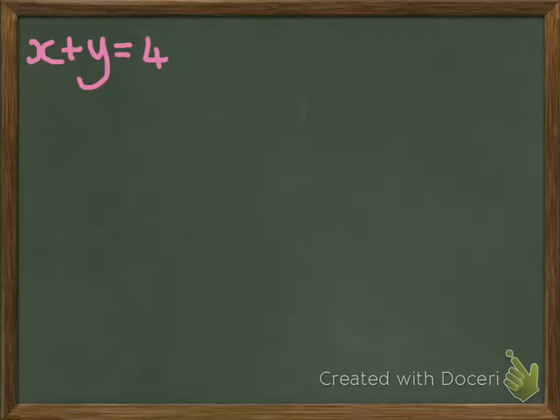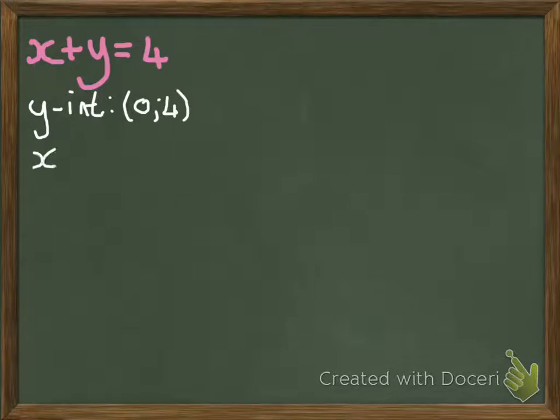Okay, so the next type of graph I'm going to look at, you've got x plus y equals 4. Now remember from the previous video on finding x and y intercepts, you can find your x-intercept and your y-intercept by making y or x equal to 0. And on the last video, we saw that for my y-intercept, we make x naught and we get y equals 4, so that was the point (0, 4).